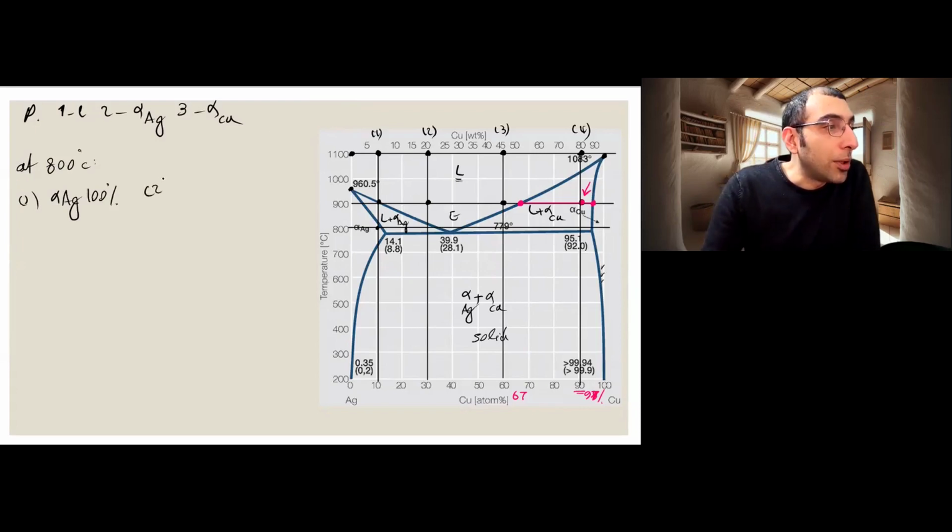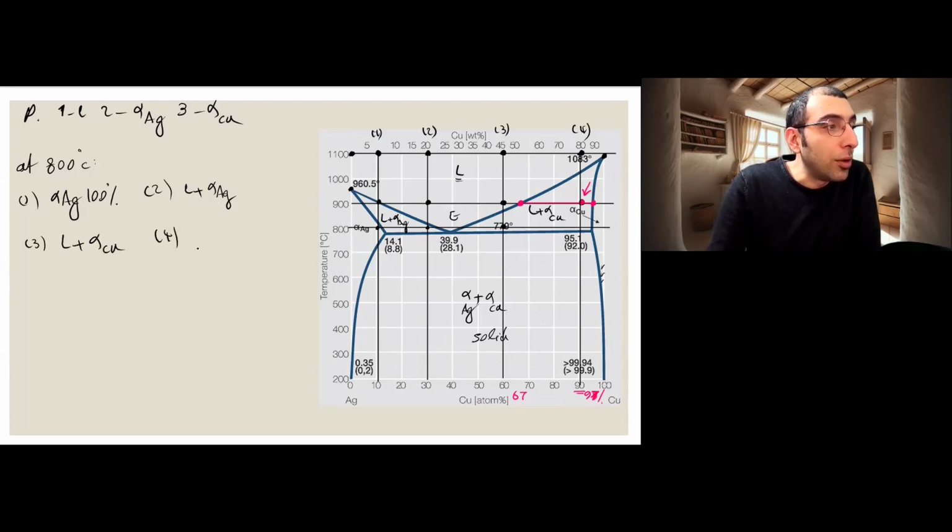For alloy number 2, we are here, and we have therefore liquid plus alpha silver. For alloy number 3, we are here. So I'll put it here. For alloy number 3, we have also liquid plus alpha copper.